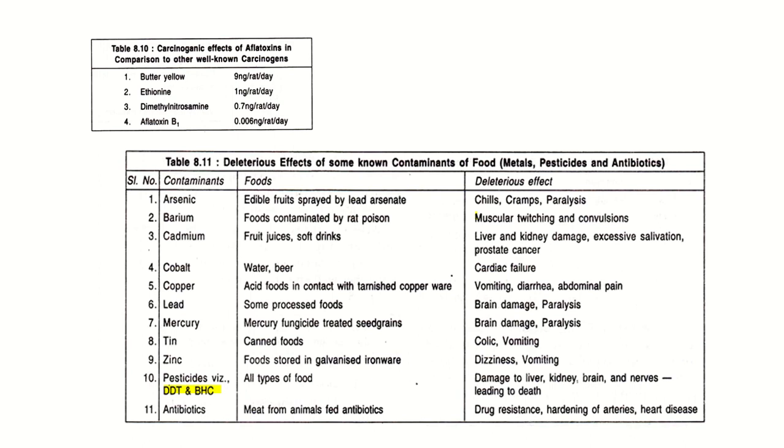Even so, certain types of food materials are contaminated with these, and it causes damage to the liver, kidney, brain, and certainly the nervous system. I have not included gaseous pesticides, which also cause contamination you will find in various food materials.